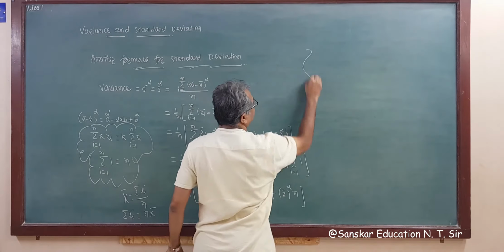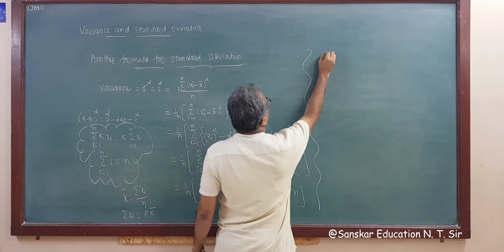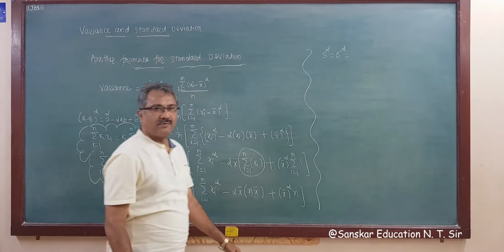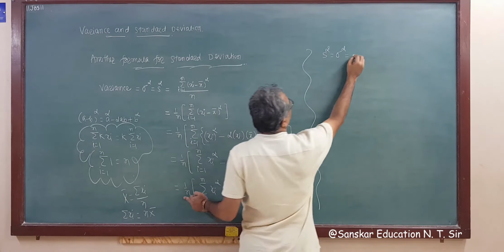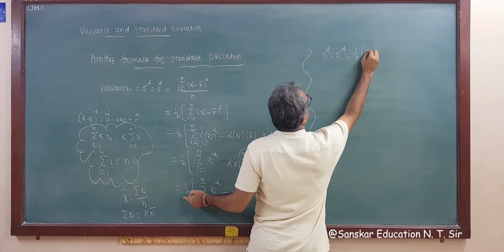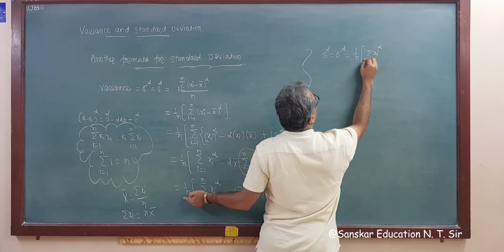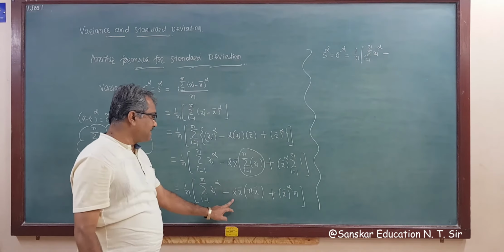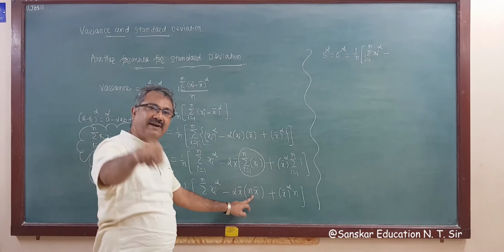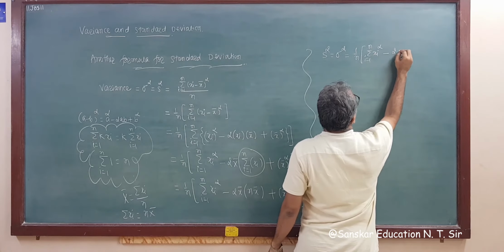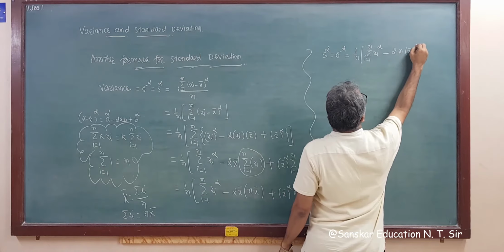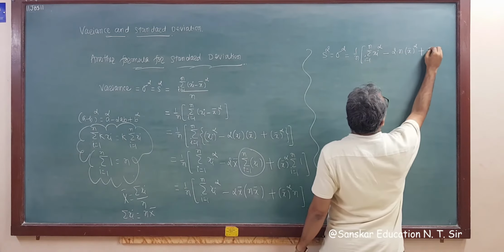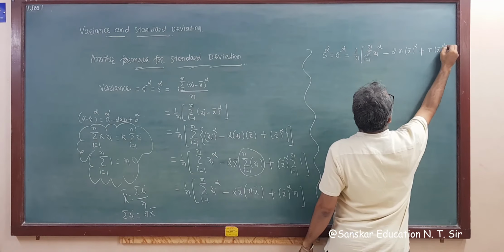So what do we get here? I am writing s square, also sigma square, is equal to 1 upon n sigma xi square, i running from 1 to n, minus 2 times n into x bar square, and plus n into x bar square.